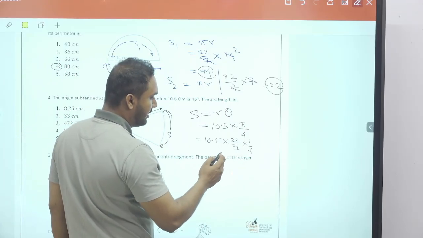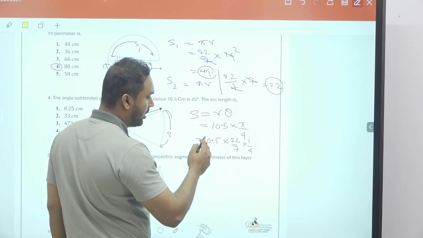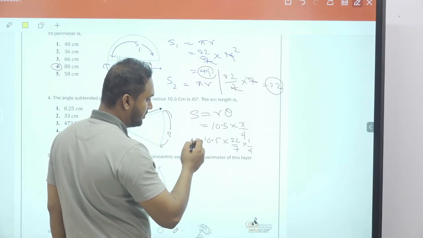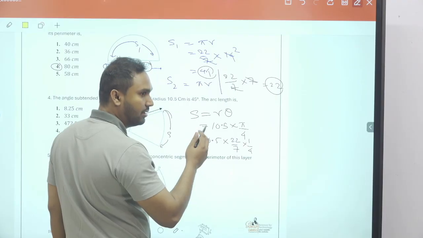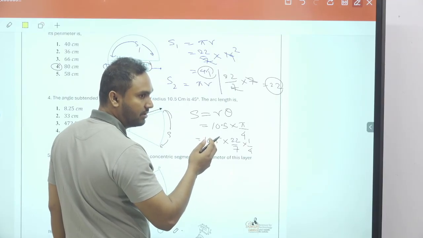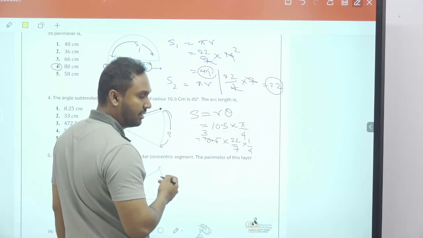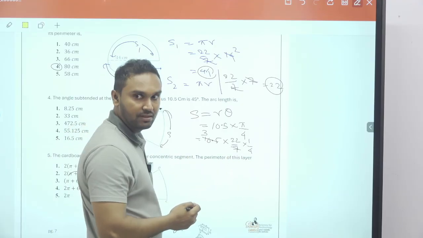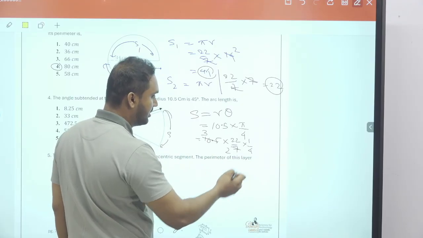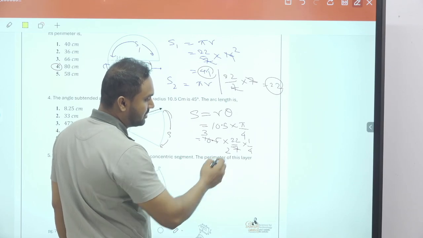So if I take it in 3.5 values, how many 3.5 values are there in 10.5? 3 into 3.5 is 10.5, right? So 3, 3.5s are there. How many 3.5 are there in 7? 2. So it divides, right? Then what happens?